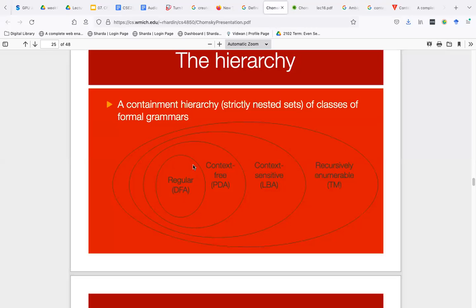Type 3 grammar is a special type 2 grammar, type 2 grammar is a special type 1 grammar, and the type 1 grammar is a special type of type 0 grammar, which means if a language is a regular language, then it is necessary that it is also a context free language. Similarly, but it is not necessary that that same context free language is also regular.